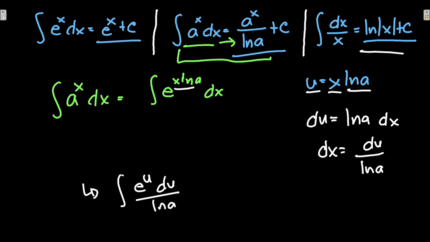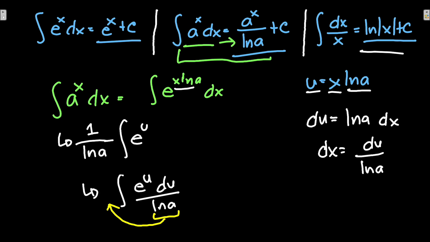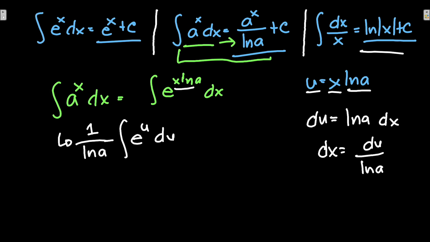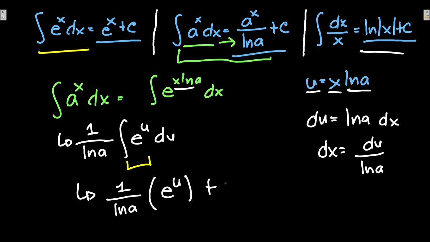As we said earlier, ln of a is a constant, so you can put this outside the integral. So this would be 1 over ln of a integral of e to the power of u du. As you are aware, the integral of e to the power of u corresponds to this. And so the answer here would be 1 over ln of a multiplied by e to the power of u plus c.